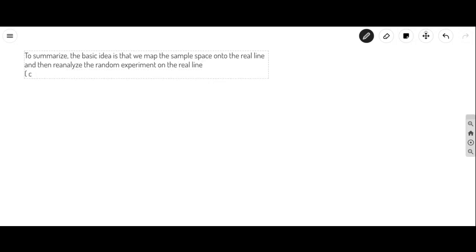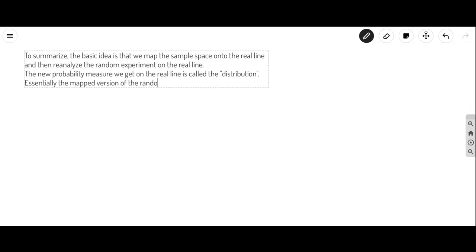And the new probability measure we get on the real line is called the distribution. It's essentially the mapped version of the random experiment onto the real line. And when you return back to the real line, everything is easier to understand because you're back to working with the real numbers.